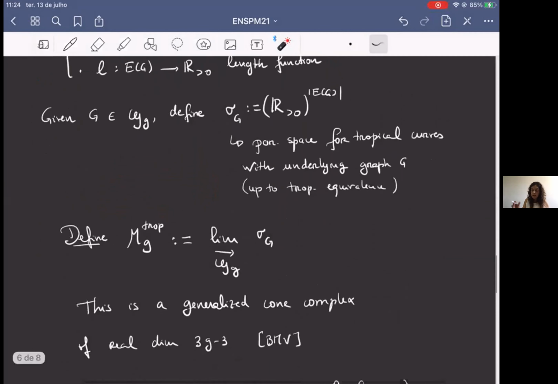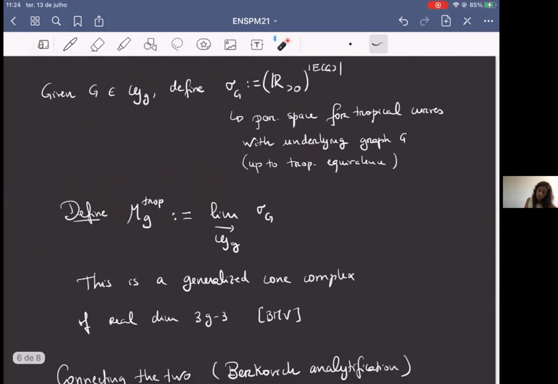And then you can construct M_g trop, which is a very big limit where you consider all your cones and glue them according to the morphisms in your category.